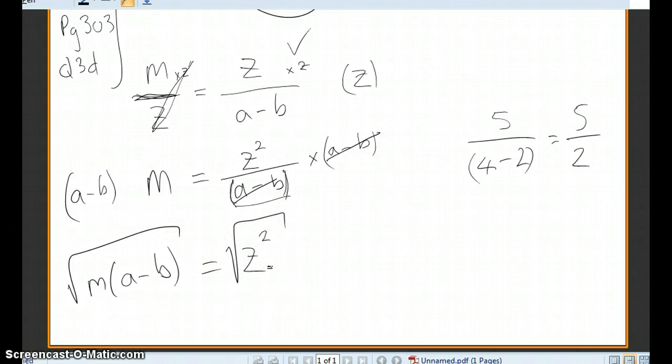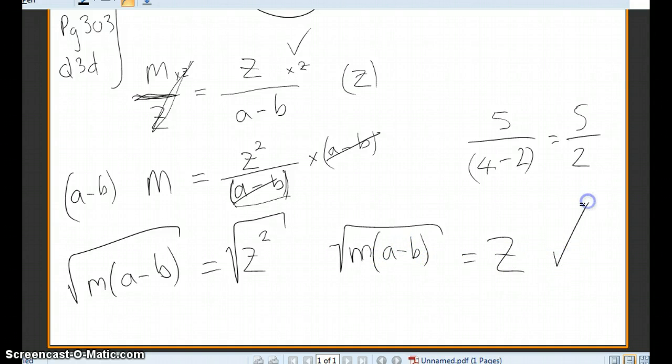Do that to both sides. That will leave me just z on the right hand side, and as it's written on the left hand side. And that's my answer. Z is now the subject of the equation. Bit of a tricky one, but not impossible.